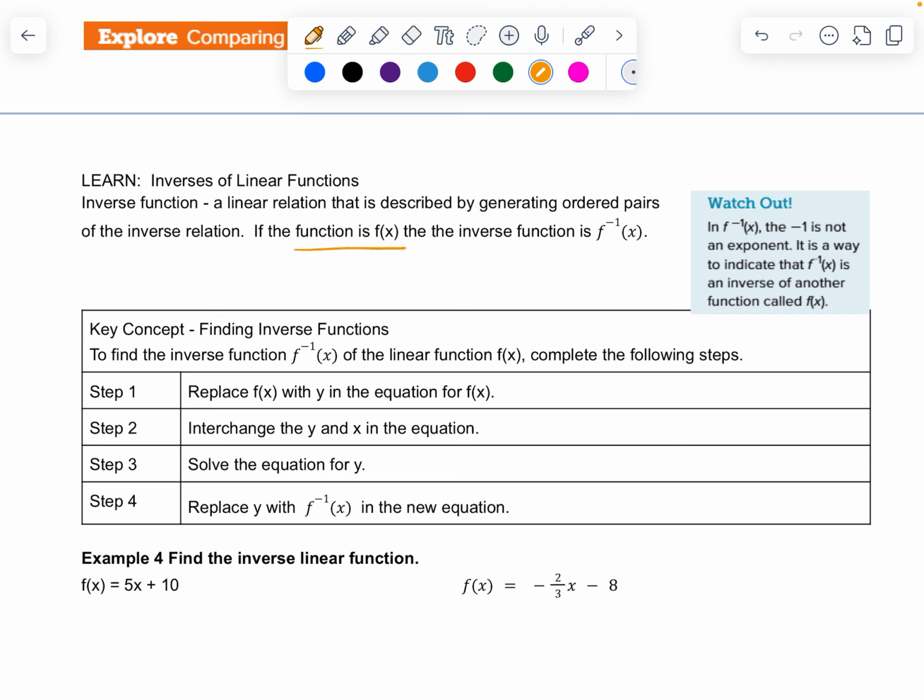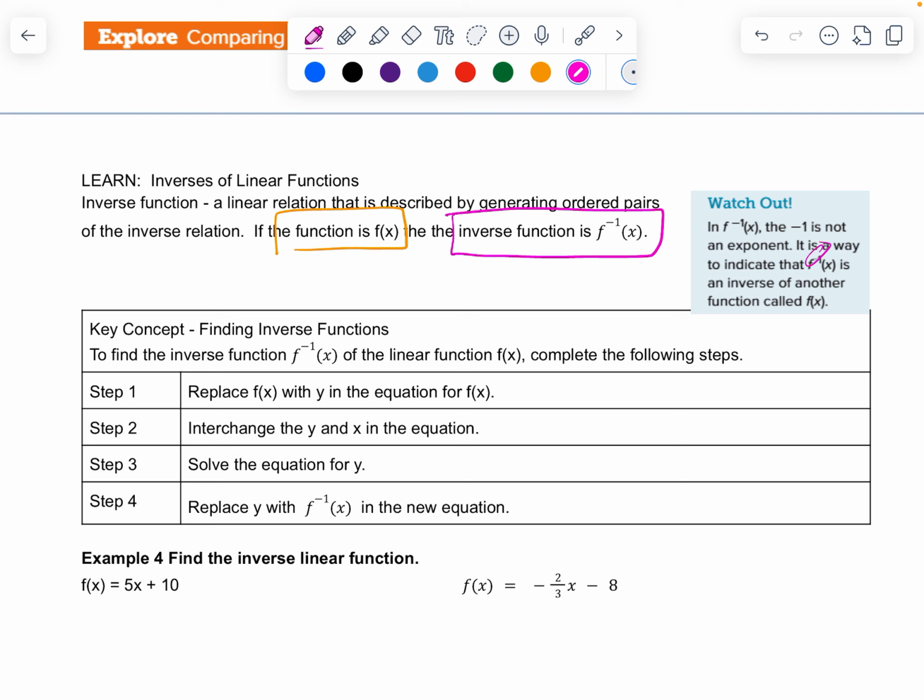If the function is this, then the inverse is this. As this says, that little negative 1 is not an exponent. It is a way to indicate that f inverse of x is the inverse of f of x.